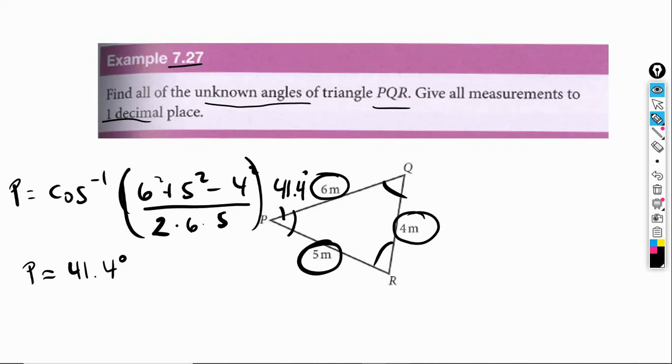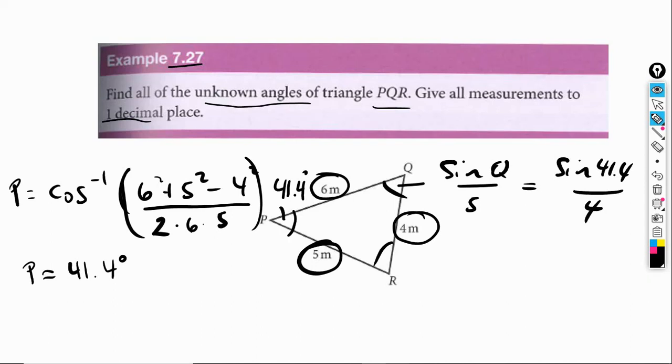So now let's find Q. But to find Q, let's use the law of sines, all right? So we know that sine of Q over 5, the opposite side, is equal to sine of 41.4 over the opposite side, 4.